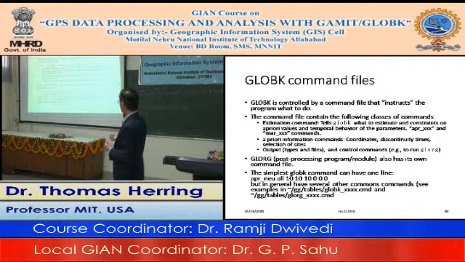So the simplest GLOBK command file you can have would have one line in it. It just says APR_NEU all, meaning all stations, 10 meters, 10 meters, 10 meters, and 0 on velocity uncertainty. A 0 in the a priori velocity uncertainty means that you do not want to estimate velocity. This will take your data and blend everybody together and give you a solution.